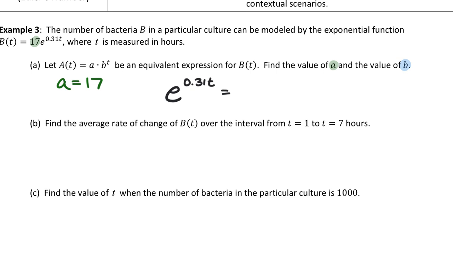Power to a power rule. Very good. So this is like saying e to the 0.31 raised to the t power. Now that the t is the only power, like this question is asking for, we can figure out the value of b. This is the value of b. In your calculator, can you tell me the value of b rounded to 4 decimals?